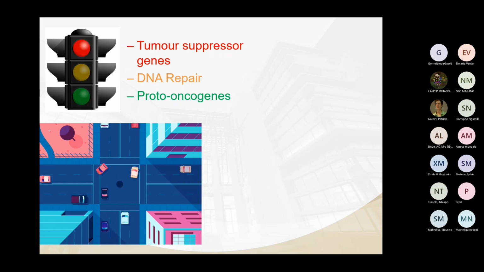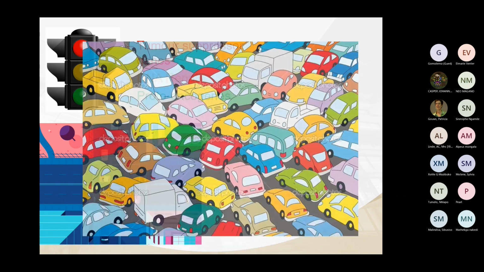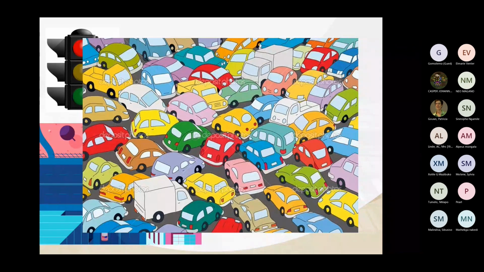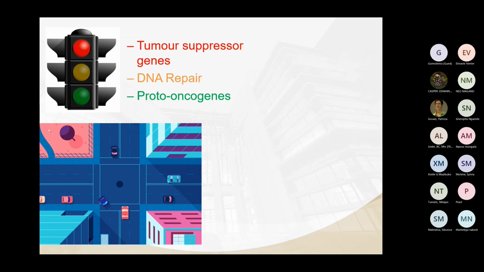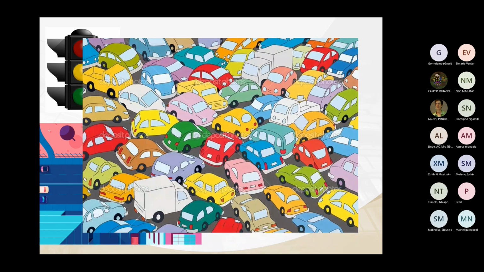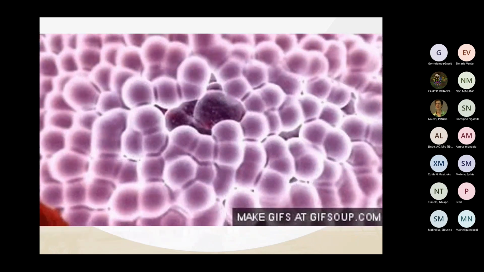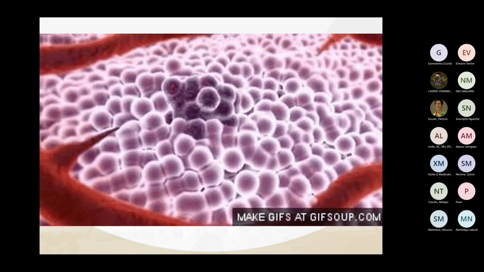But if this traffic light is not working, we get an accumulation of cars in that area because probably the traffic light is constantly green, for example, allowing everyone from each of the sides to come through. And that is how we define cancer as a genetic disease.